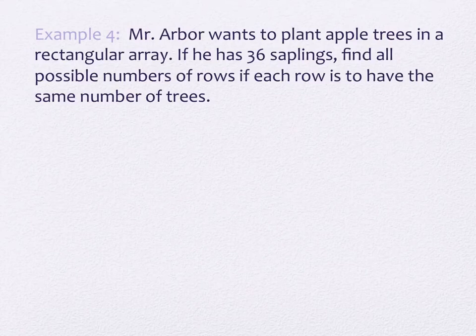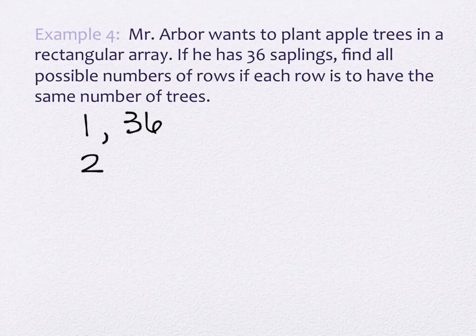Makes sense. How many rows could I have if I were Mr. Arbor? Can somebody give me a possibility? I could have 1 row of 36 trees. So I could also have 36 rows, right? So 1 and 36 are possibilities here. It'd be a really long row of trees, but yeah, why not? What else?